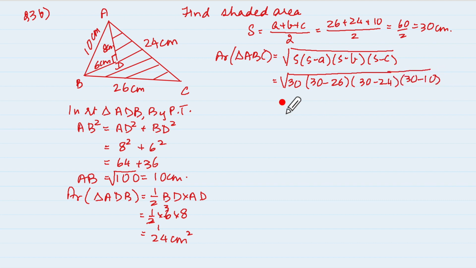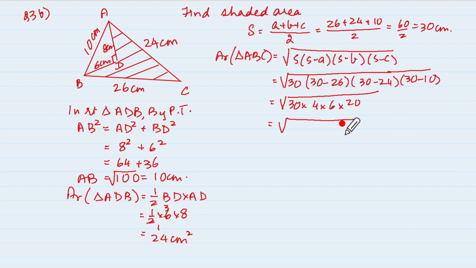So under root, this will be 30 into 4, this will give us 6 and this will give us 20. Alright. Now under root, is there any square number inside this 30? No.